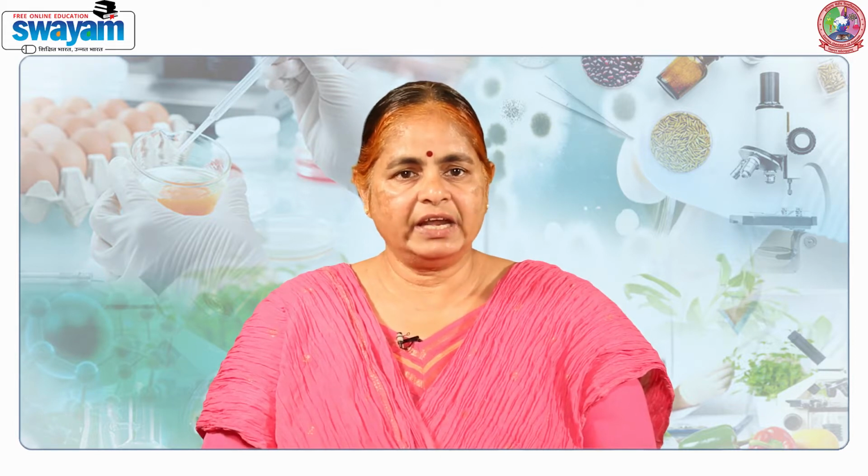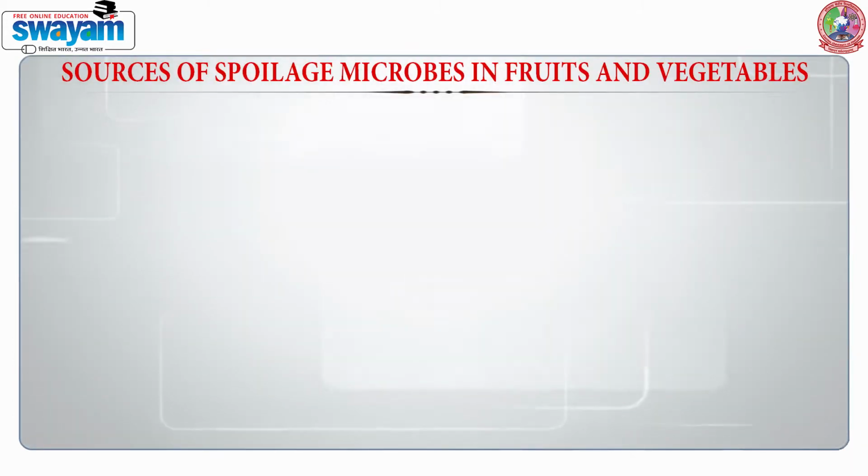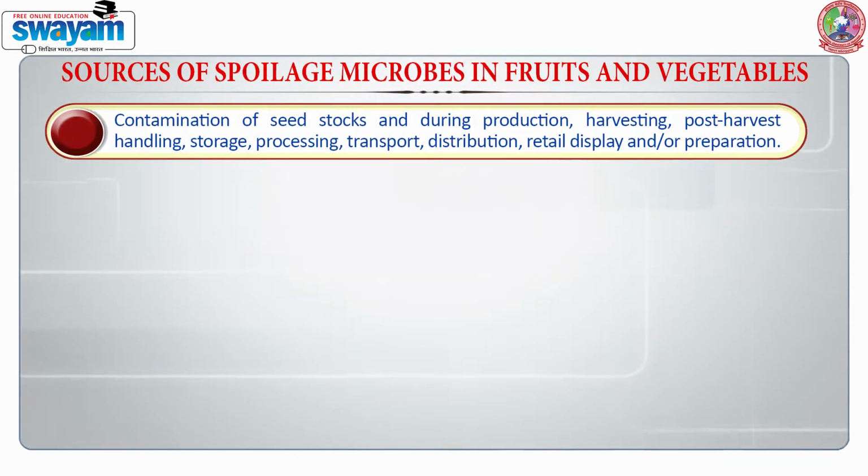After knowing that the different organisms are responsible for the spoilage, let us know what are the sources of these spoilage organisms which gain access into the fruits and vegetables. There are many sources such as contamination of the seed stock during the production, during the harvesting, post-harvest handling, storage, processing, transportation, distribution, retail display or during the preparations.